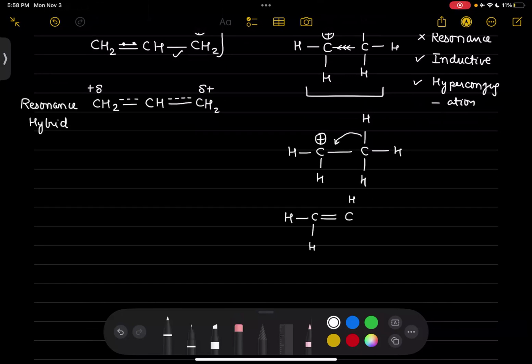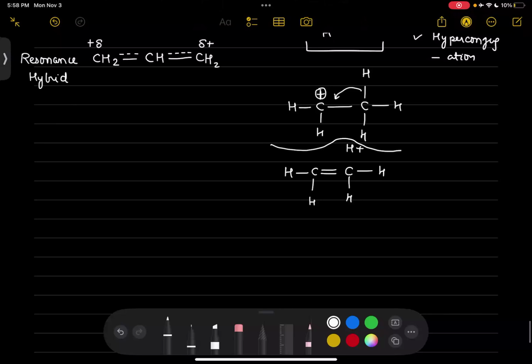This is one of the hyperconjugation structures. This is the other hyperconjugation structure in which I have shifted the electrons from the other CH bond.